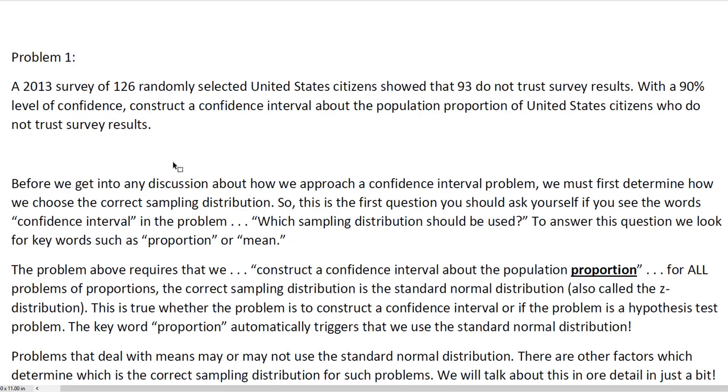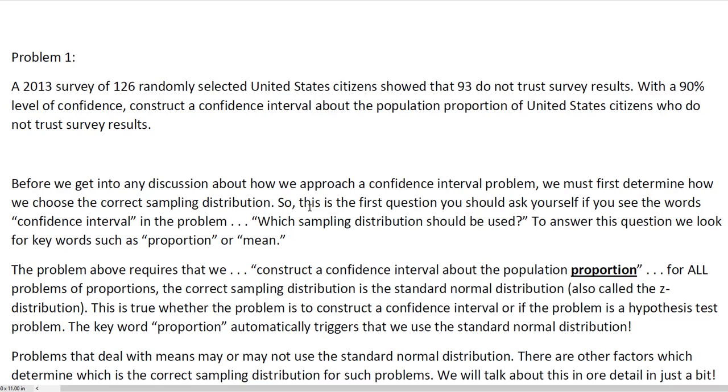Before we get into any discussion as to how we approach confidence interval problems, we need to determine which is the correct sampling distribution to use. We have two choices: the standard normal distribution, and the t distribution.